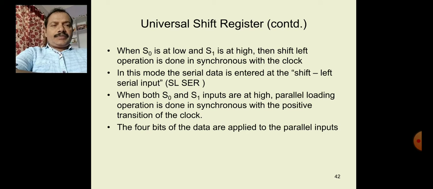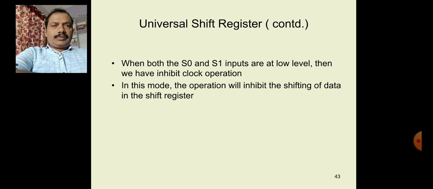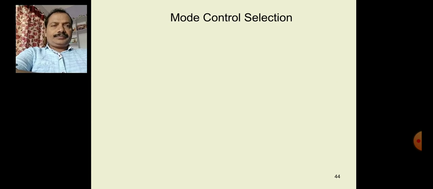The 4 bits of data are applied to the parallel inputs. When both S0, S1 inputs are at low level, we have inhibit clock operation. In this mode, the operation will inhibit the shifting of data in the shift register.